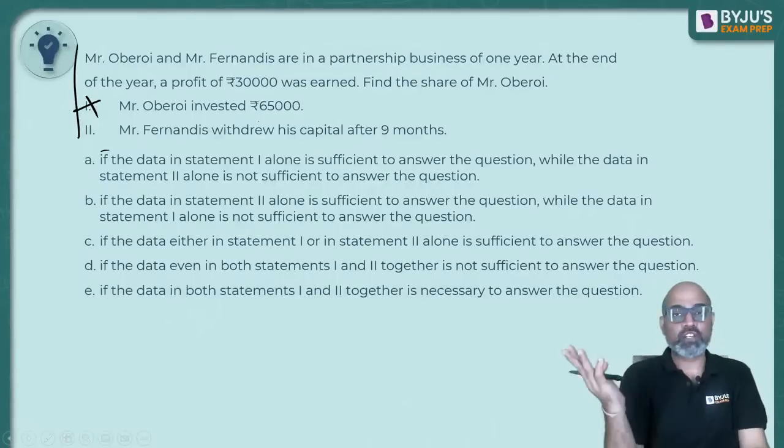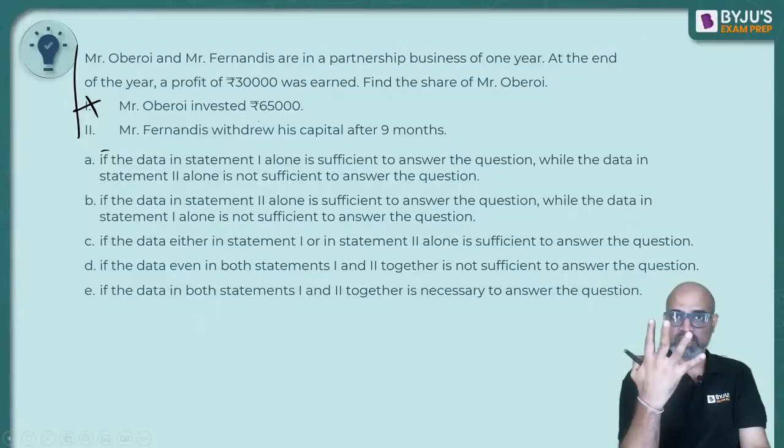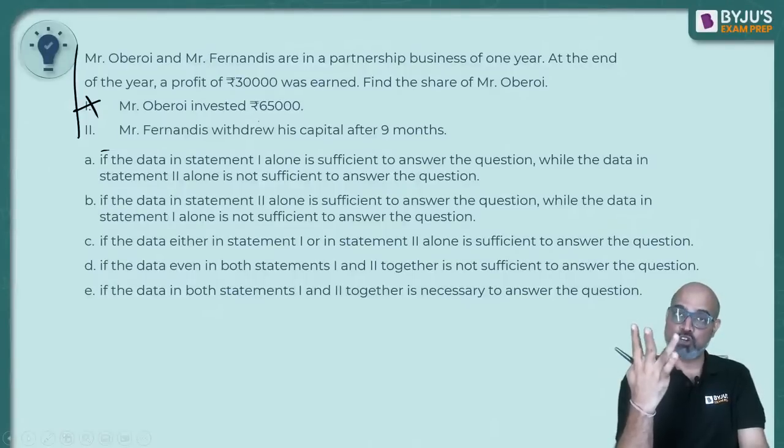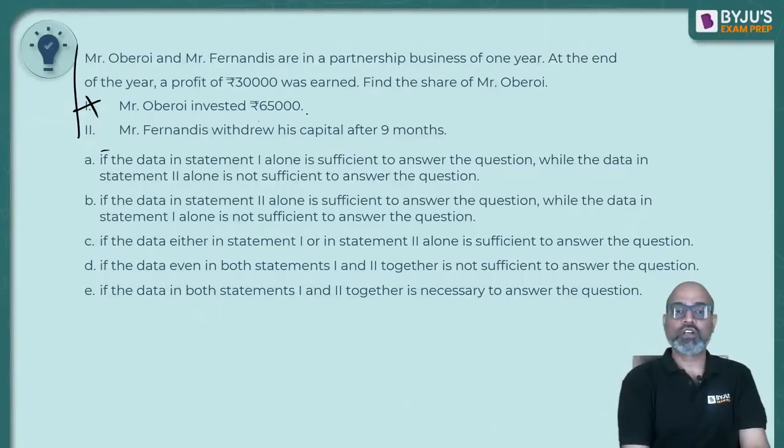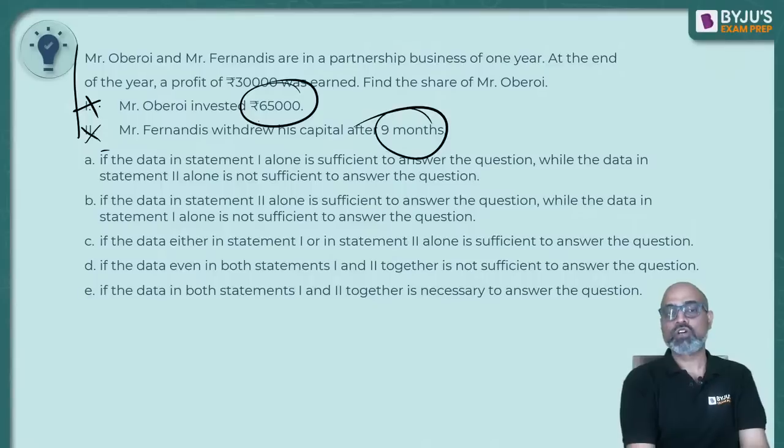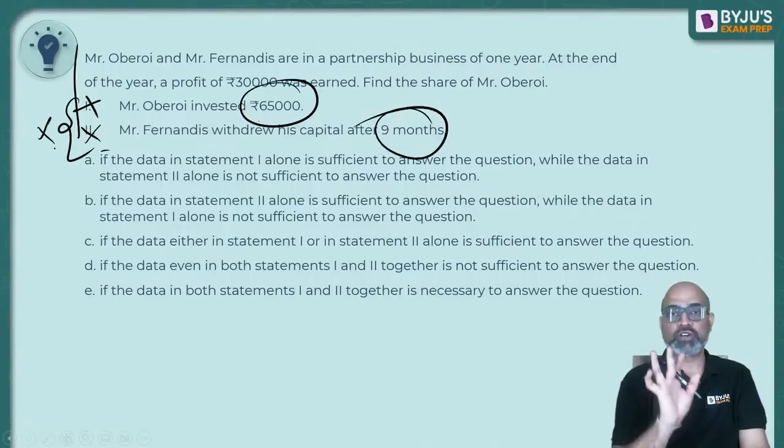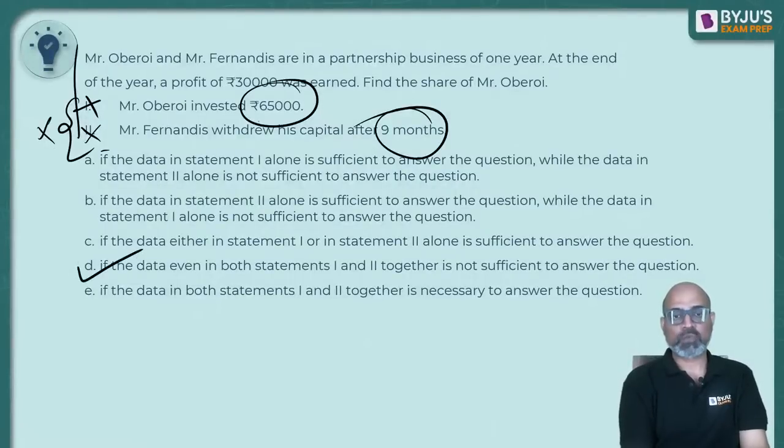We don't know any of those, because we need four things: the amount invested by Oberoi, the amount invested by Fernandez, the duration for which Mr. Oberoi invested, and the duration for which Mr. Fernandez invested. Out of those four, we know only the investment amount of Oberoi and the duration for which Mr. Fernandez invested. So even after combining, I'm not going to get the answer, because individually it doesn't work either, right? So I will have to mark E.